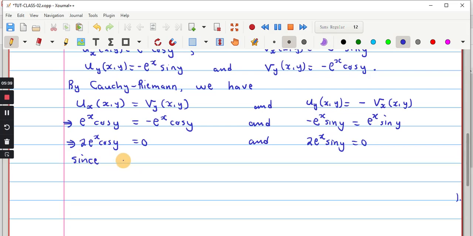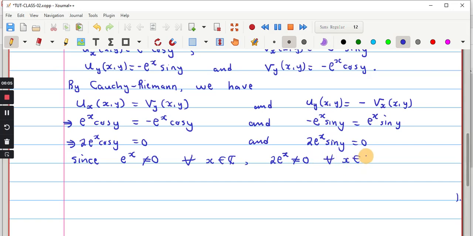Since we know that e to exponent x is different from 0 for all x in C, 2 e to exponent x is also different from 0.